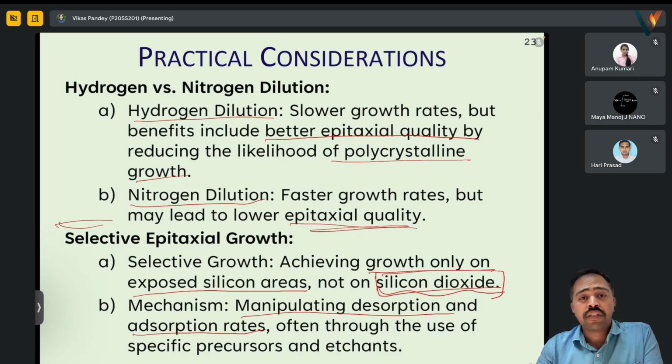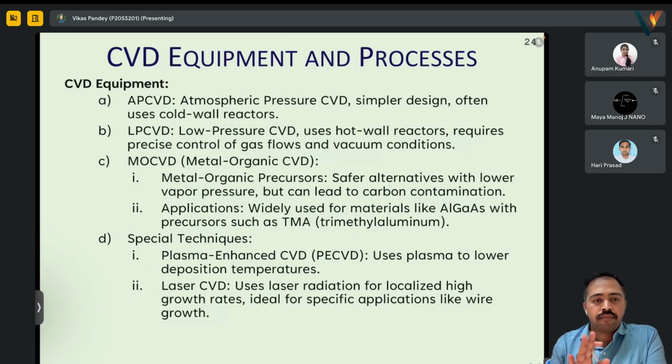So what are the different types of CVD equipment and the related processes? Generally, we have seen APCVD and LPCVD. When we are talking about epitaxy, they are mostly MOCVD, that is metal organic CVD, where metal organic precursors are used.